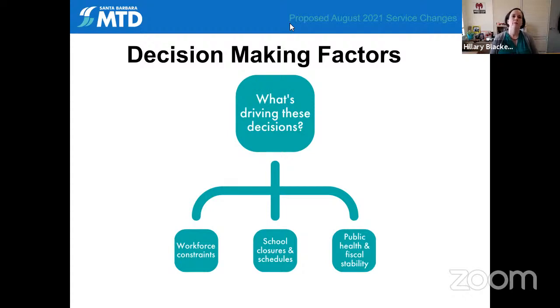Things are looking much better, obviously, in the community as a whole with regards to COVID numbers, but we're going to be looking at what percentage the university and college are coming back in person, how many classes, how many people that translates to, and what levels of service we should have and are able to provide to those campuses.